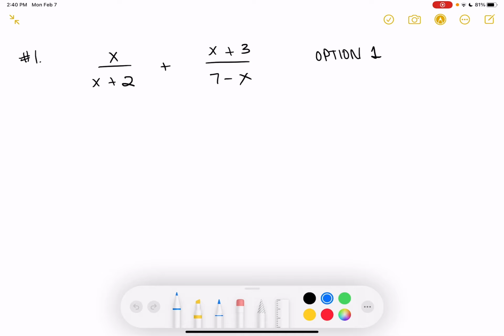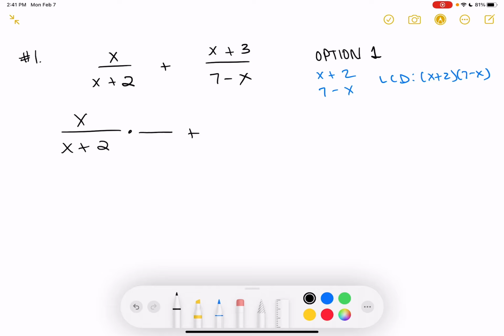So in this first option, we have our denominators of x plus 2 and 7 minus x. Well, they don't have any factors in common, so our lowest common denominator is actually both of them together. Which means that if we go ahead and expand this out, we're going to multiply that first set by the 7 minus x over itself, because really that's just multiplying by 1, and that's okay to do.